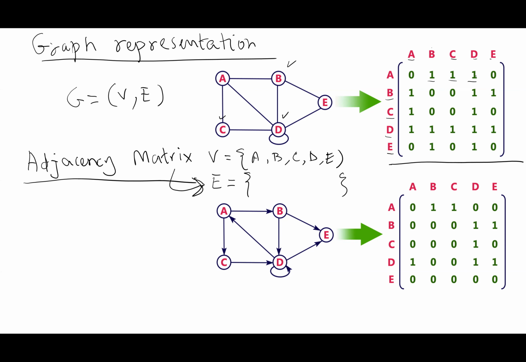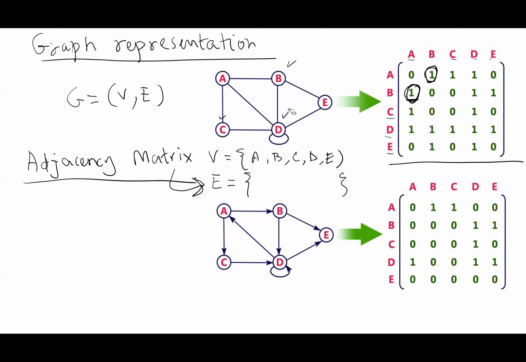Similarly, this is an undirected graph. So if A has an edge to B and C and D, it's also mutual. That means in the opposite direction, B also has an edge to A, right? So you can see that B also has an edge to A. A having an edge to B means that B also has an edge to A, because this is an undirected graph, right? Okay.